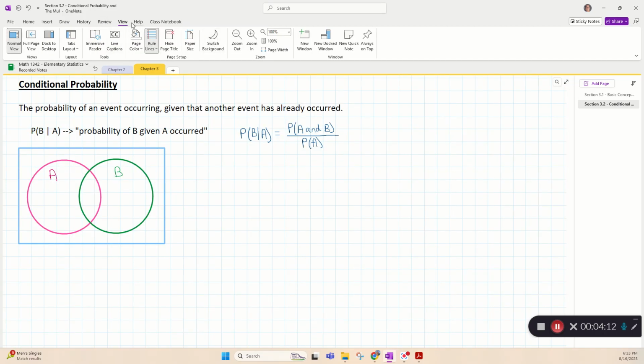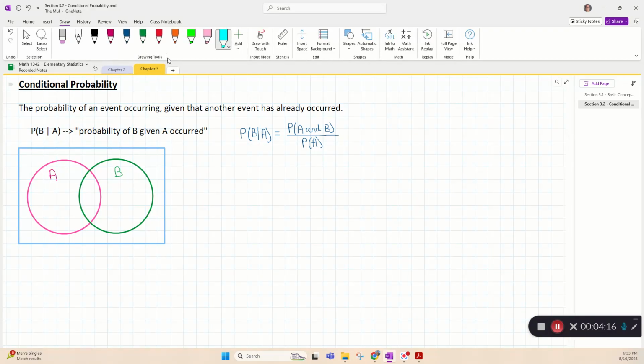There we go. That way we can see what's going on here, because I'm going to have to use a highlighter. Okay, probability of B given A.